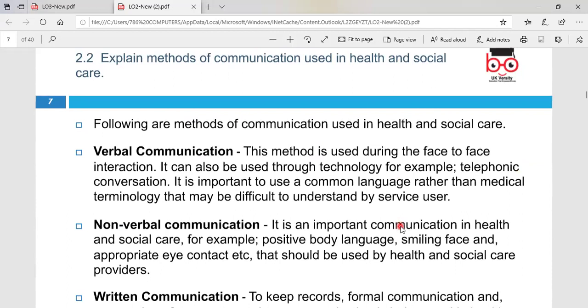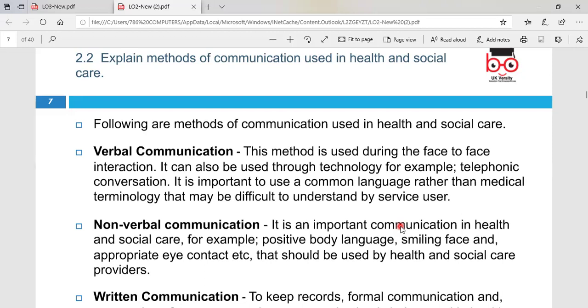So when we explain the methods of communication used in health and social care, we talk about different sorts of communication. So there's verbal communication, also by telephone, and face-to-face communication. There are different ways, places where you can communicate with the patient, with the service user.